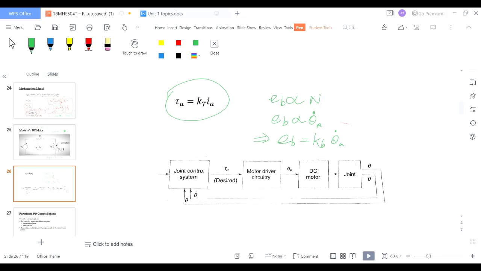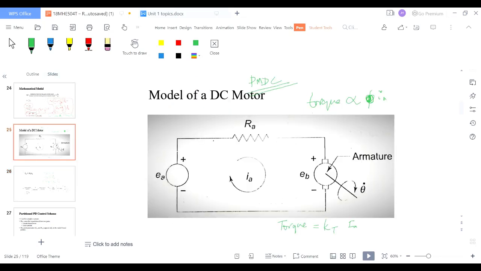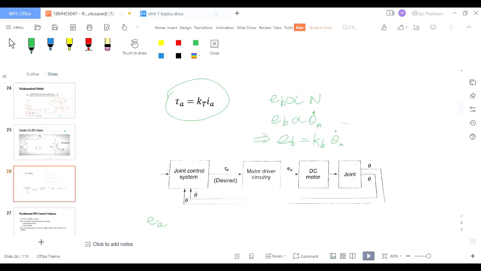Okay, if you write the equation of a DC motor itself, this becomes EA, because if you see this here, EA is the voltage. So EA is equal to IARA plus EB.